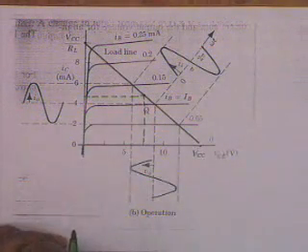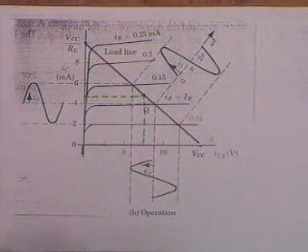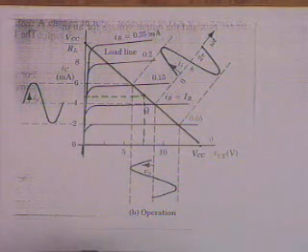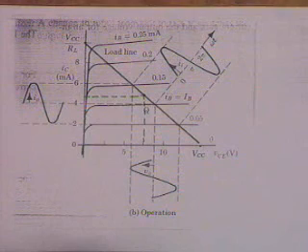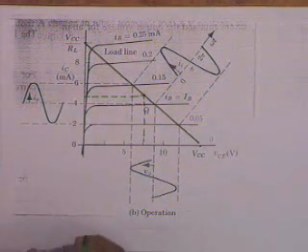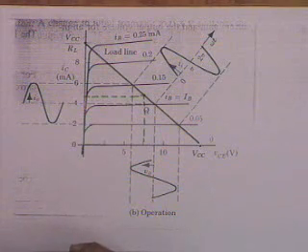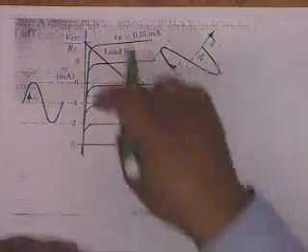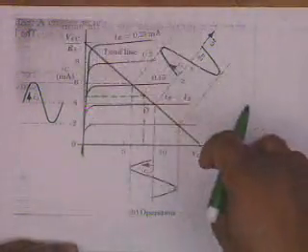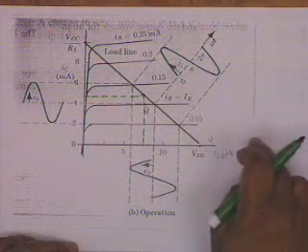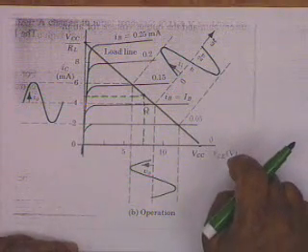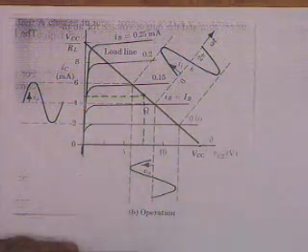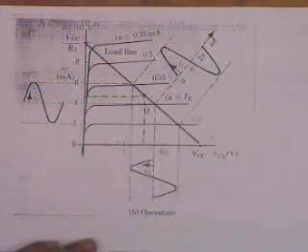The resistance is 125. No? No. How much? This is 10 milliampere and this is 15 volt. So 15 divided by 10. 1.5K. Alright. We know this load.